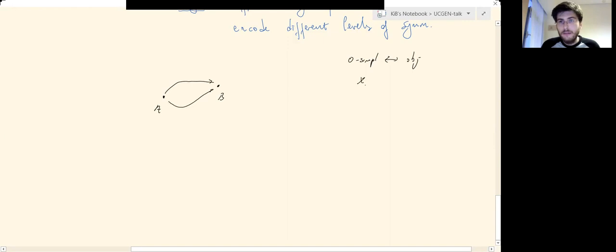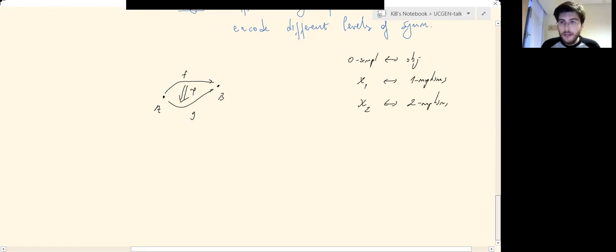So X1, one cells or one simplices, correspond to usual one morphisms, let's say F and G. And now you can attach two cells. So you may discuss the maps between two maps. Let's say this is phi. So this is X2. This corresponds to two morphisms, if you like.